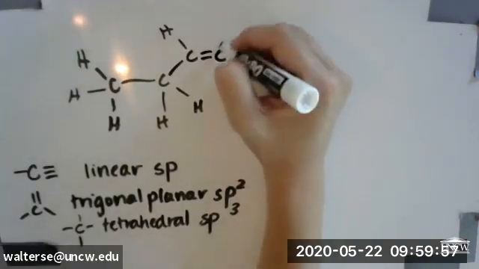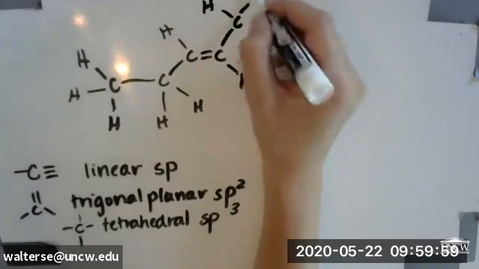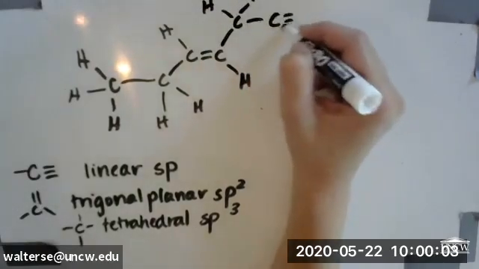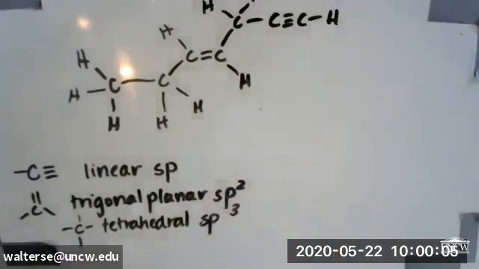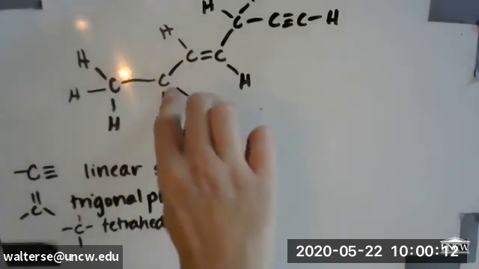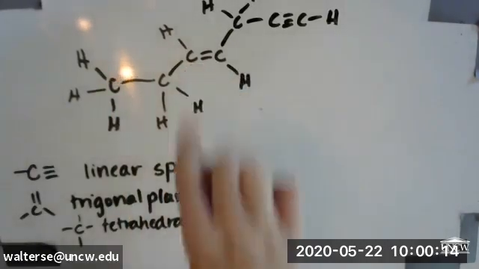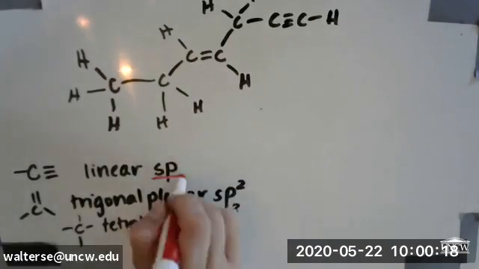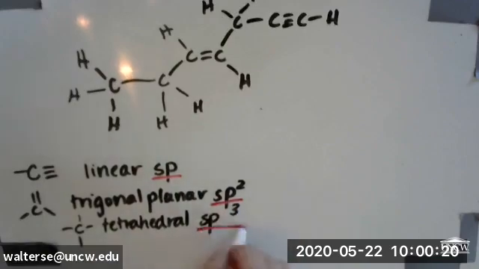What I'd like for you to do is take a few minutes and identify the hybridization at each carbon. This carbon may have a different hybridization than this carbon, which might have a different hybridization than this carbon. So I just want you to write next to each carbon whether it's sp, sp2, or sp3.